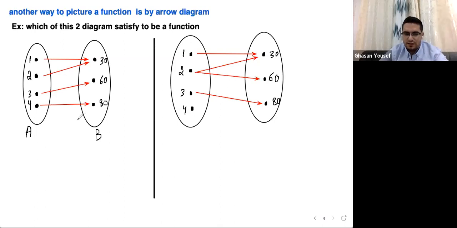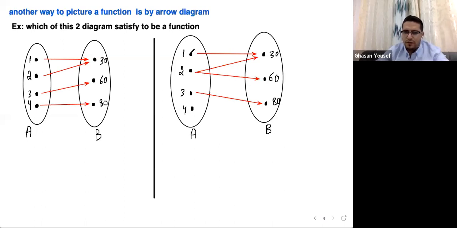It represents a function because every element in set A takes exactly one element in set B. Because the input only has one y. Yes, exactly, it has only one y value. This is correct, Anta.